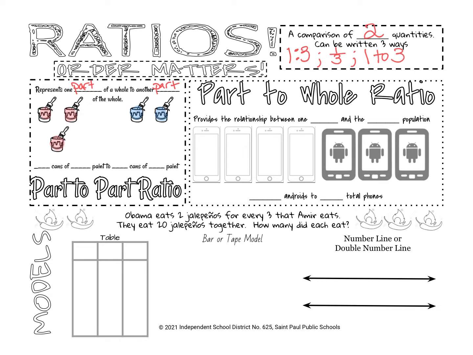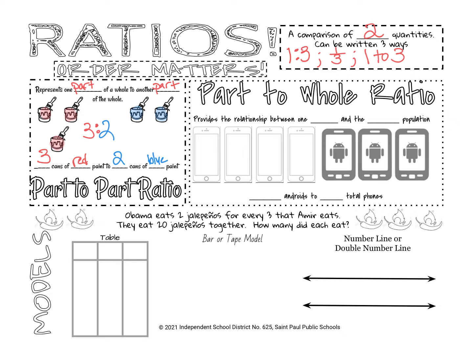All right, so one way we can look at this is that we have three cans of red paint to 2 cans of blue paint. So our ratio would be 3-to-2 of red to blue.